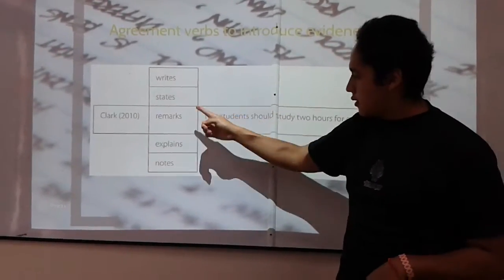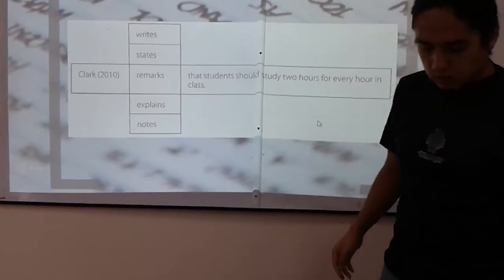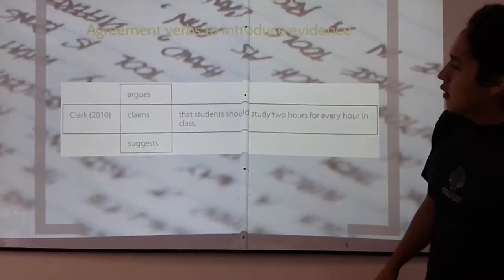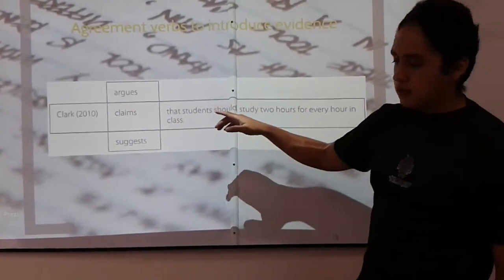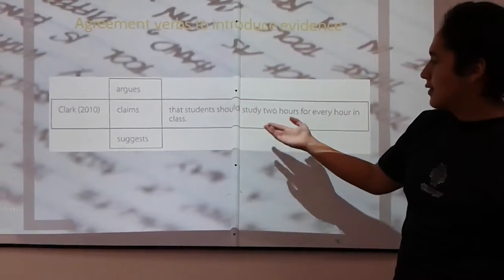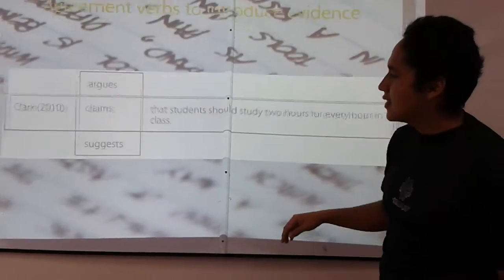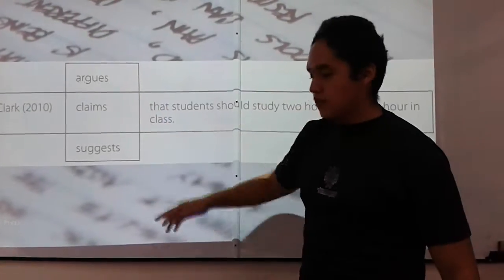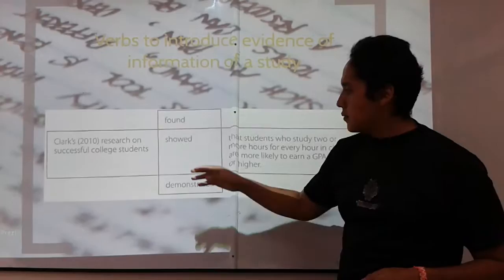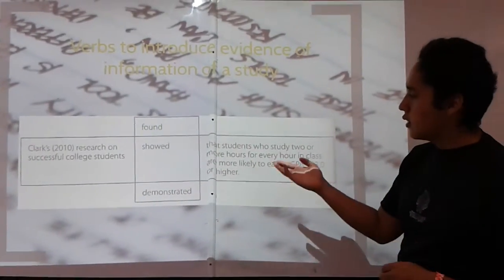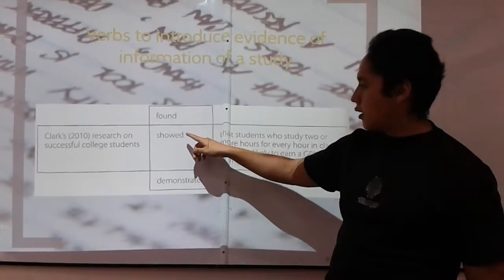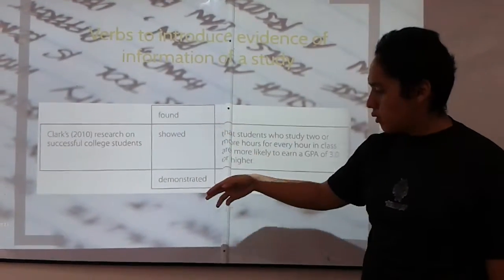For example, writes, states, remarks, explains, and notes. Here are some disagreement verbs when we are disagreeing with the evidence. These are argues, claims, and suggests. And finally, verbs for introducing evidence of a study or research: we can use told, found, show, and demonstrate.